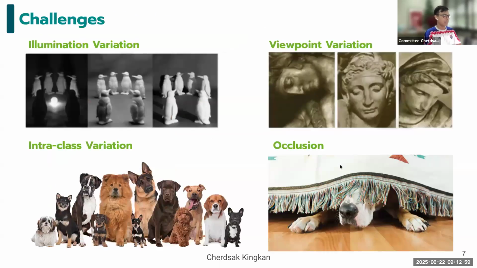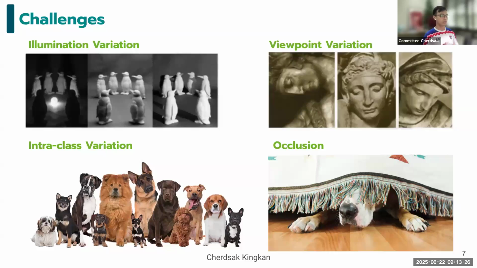So as I mentioned in our first class, when we are working with computer vision applications, these are the challenges that we have to face within the computer vision task. For example, we have illumination variations. If the brightness of the image changes, that would probably change the information that we can extract.